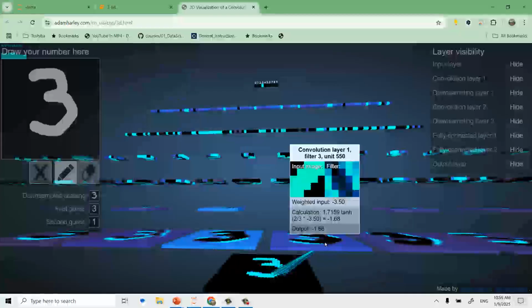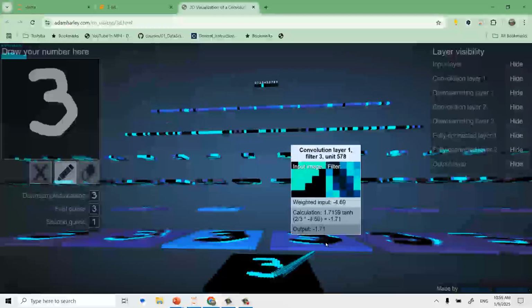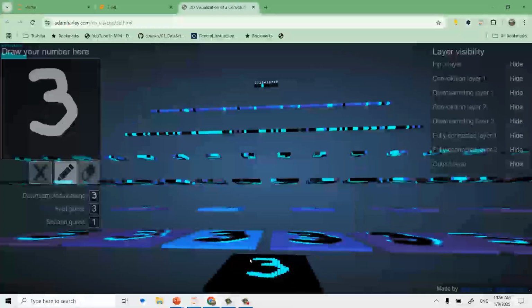And here the output is not very large because the filter does not match the input very well. Okay. So we can find a case where, if you look here for a bright pixel, you can see the input image and the filter match quite well. The input image is bright where the filter is bright, so that's why you're getting a fairly bright output.